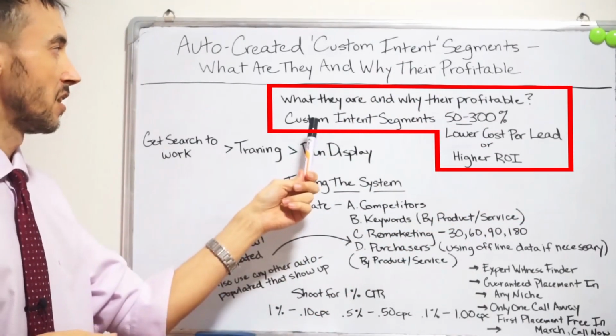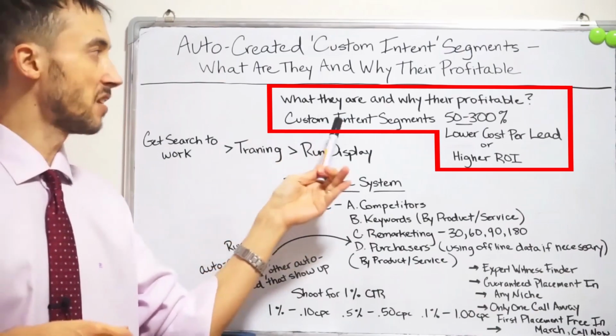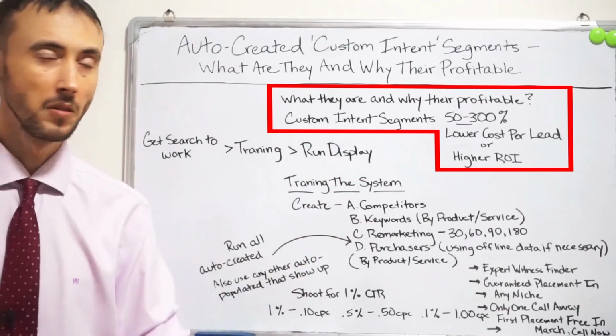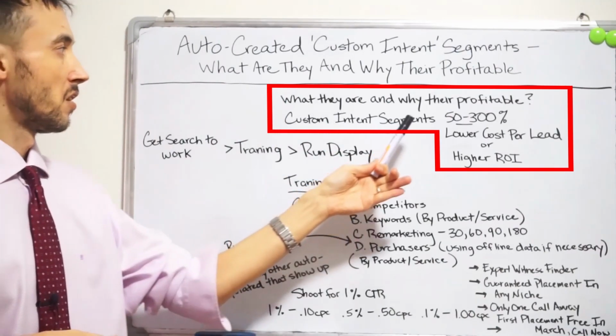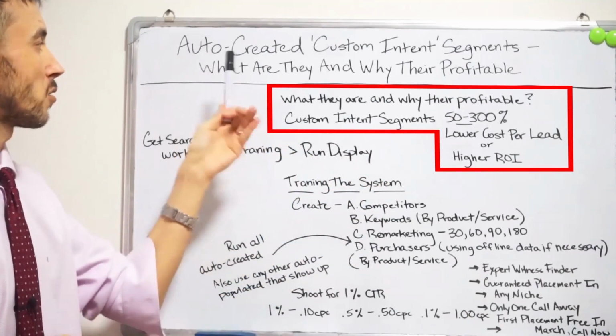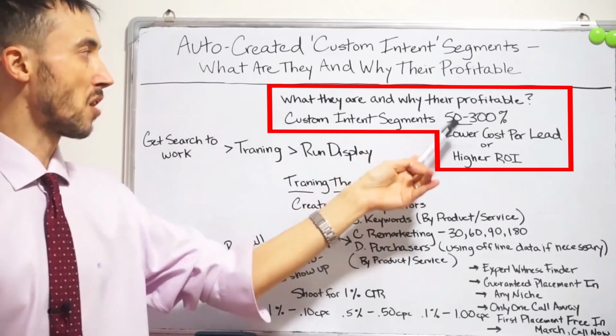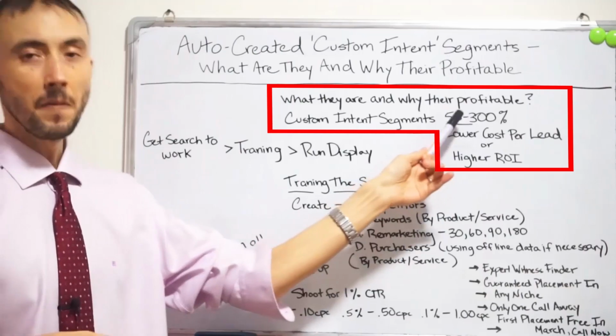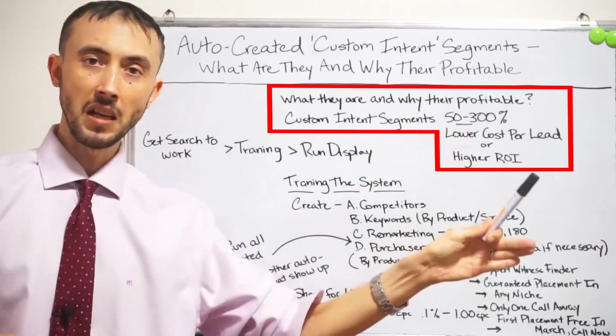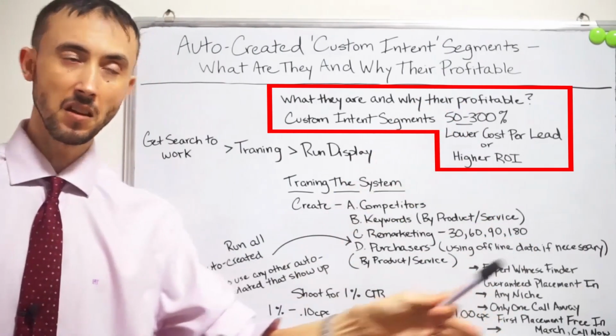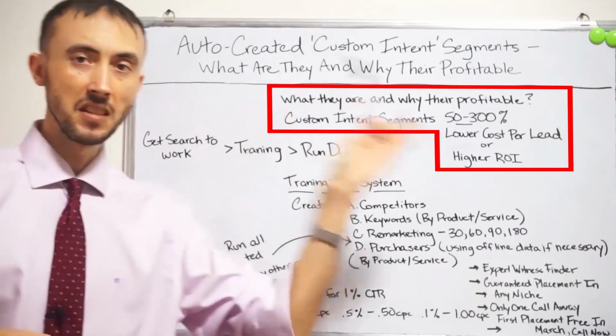But basically, based upon the custom intent segments that you set up, these auto-created custom intent segments, generally speaking now, will make 50 to 300% more money for the same ad spend than the custom intent segments that you set up.